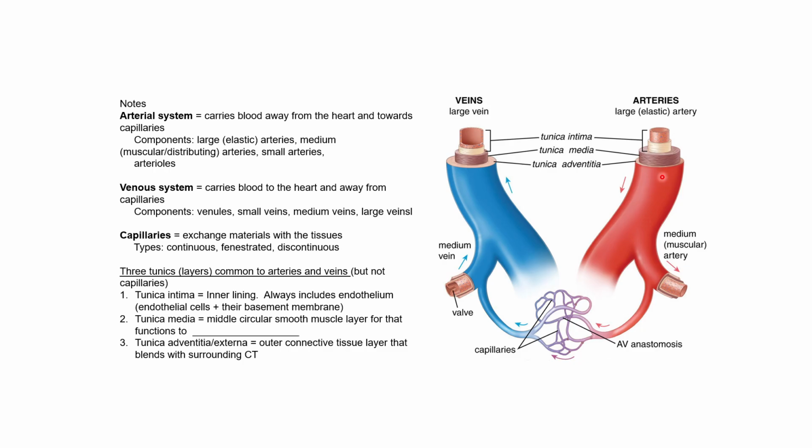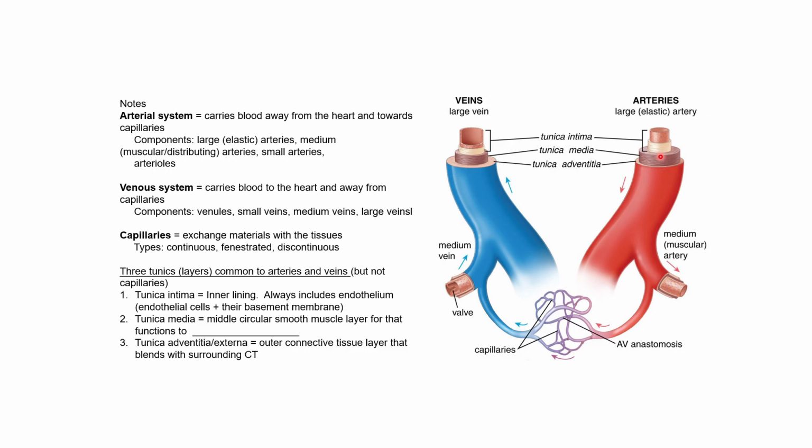The variation is mostly in the middle layer, which contains the smooth muscle cells and the elastic laminae. For example, the large elastic arteries have a lot of elastic laminae that are fenestrated. Between these laminae, we also have connective tissue material, especially collagen type 3 fibers.